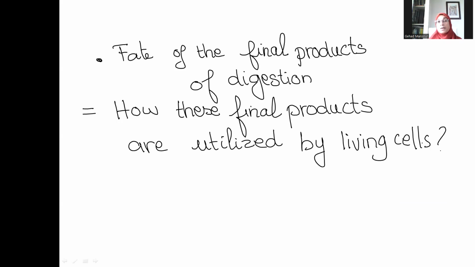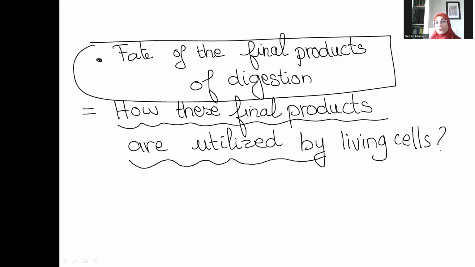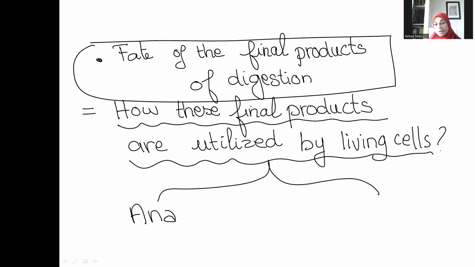Okay. In order to summarize the fate of the final products of digestion, or how these final products are utilized by living cells, we can simply say that these simple nutrients will undergo either anabolic reactions, building up reactions, or catabolic reactions.